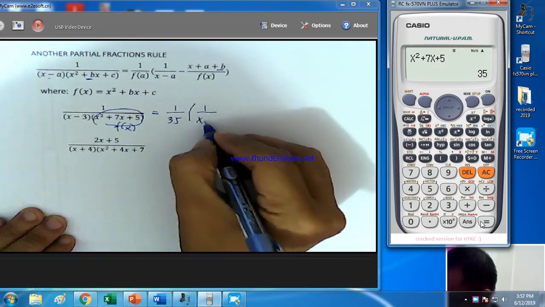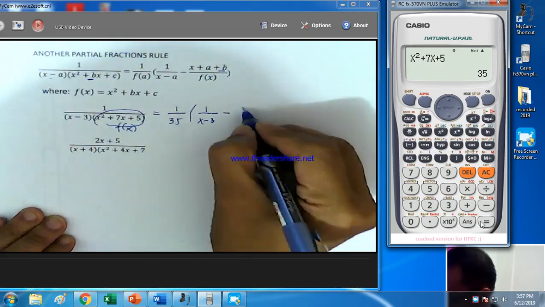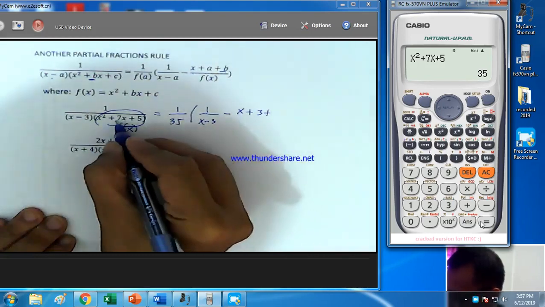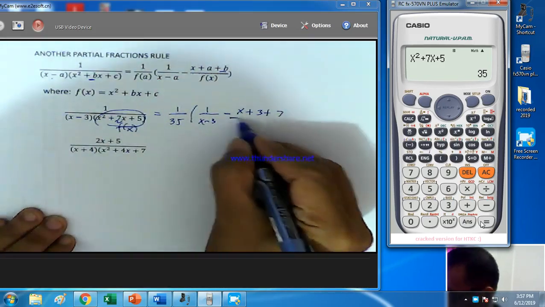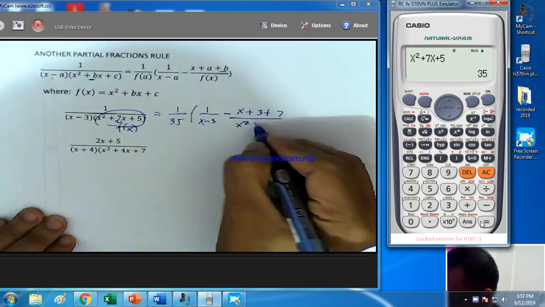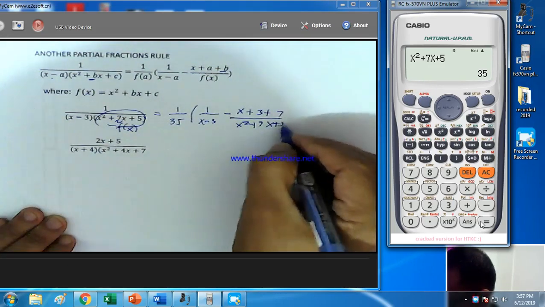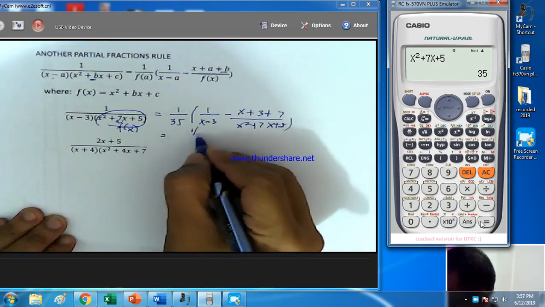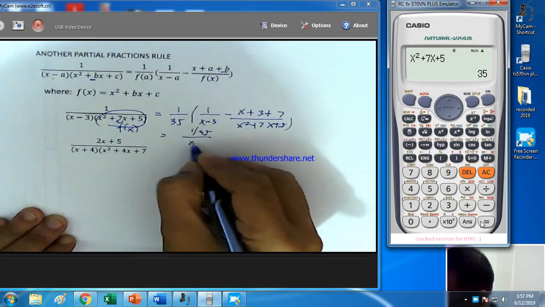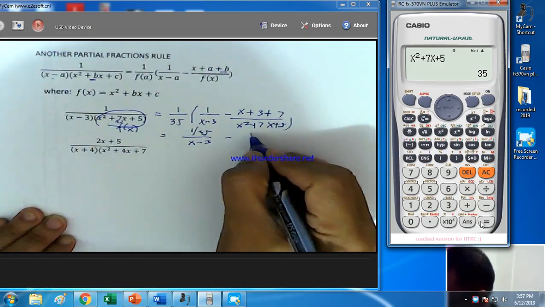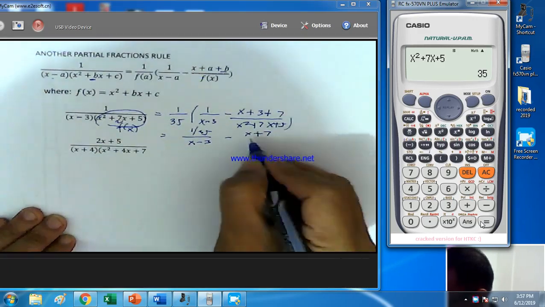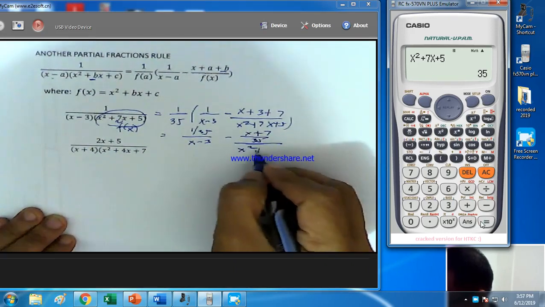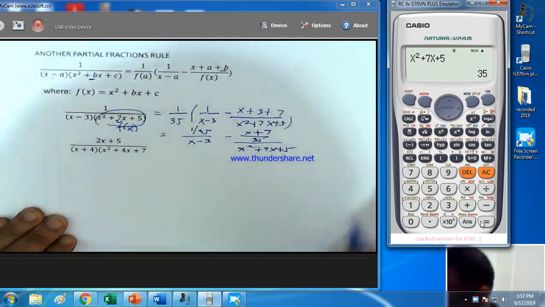This is 1 over x minus 3, minus x plus our a, which is 3, plus our b, which is 7, over x squared plus 7x plus 5. And the result will just be 1 over 35 over x minus 3, minus x plus 7 over 35 over x squared plus 7x plus 5.